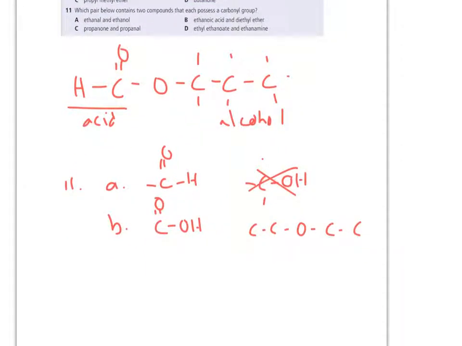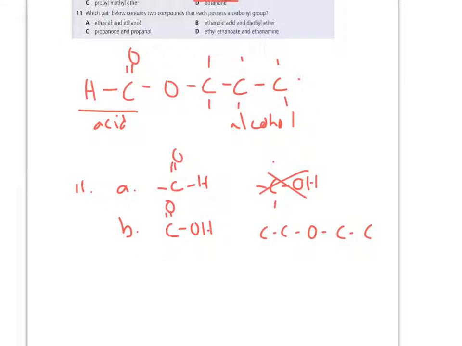So propanone is very similar to an aldehyde, and in fact that's what I've got there, ketone and aldehyde, with the difference being that in the propanone, this has got carbons to each side, and in the aldehyde, it's got a hydrogen off the one end. So this one does both have carbonyl groups. And if I look at the last one, ethyl ethanoate would have it, but the ethanamine would not have it.